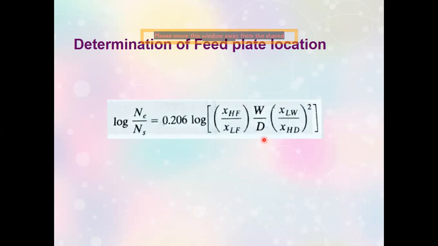In the formula, you have the W and the D, which I'm sure you know already, the amount of the bottoms liquid and the distillate, respectively. Whereas the X sub HF and the X sub LF refer to the mole fraction in the feed of the heavy component, H, and the lighter component, L.